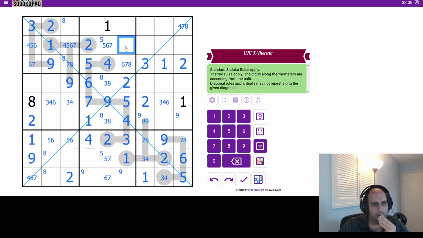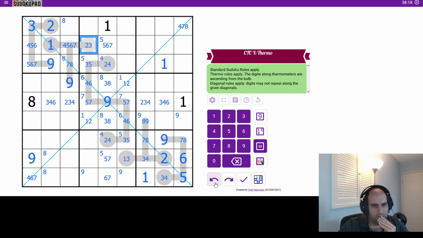Oh, wait a minute, this broke. I can't put a 3 in this box now. Okay. So if this is a low digit, does it break 3 in this box?